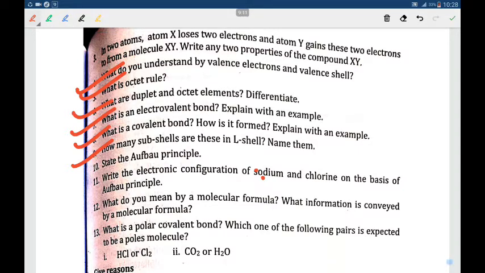Question number 10. What is the Aufbau principle? Again, we have discussed S, P, D, F, right? So how do you define the Aufbau principle?